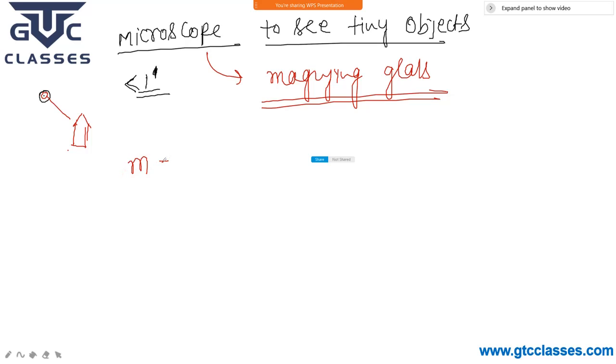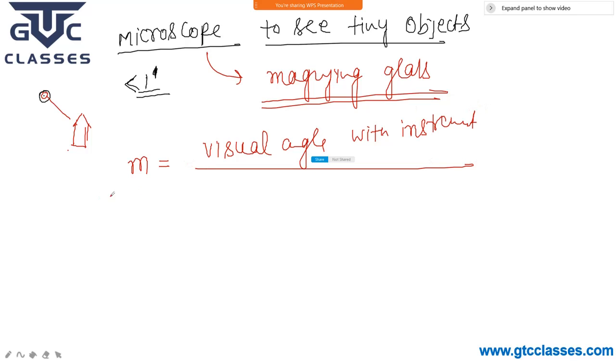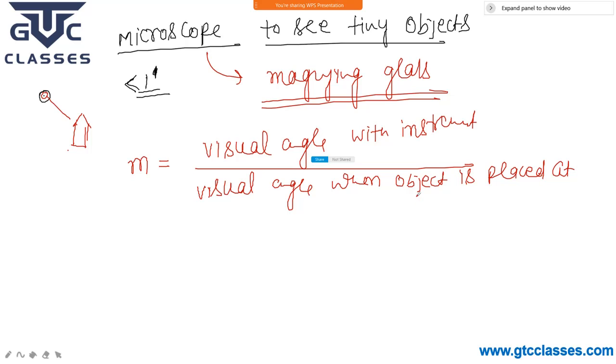So what is magnification? In general we define it as the visual angle with an instrument, how much it is making, with an instrument, and the visual angle when the object is placed at LDDV.